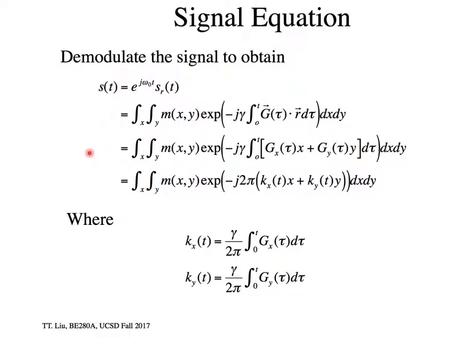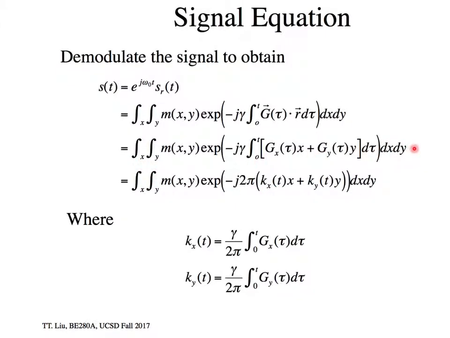And essentially, what you can show is that when you do this integral over tau of the g sub x of tau, it's equivalent to, from that integral from 0 to t, a function in t that is equivalent to the Fourier component in, say, if it's the x gradient, in the x direction as a function of time. And this just works out from the math, right?